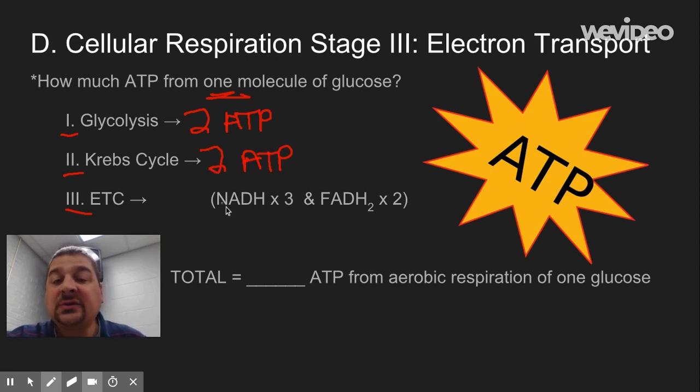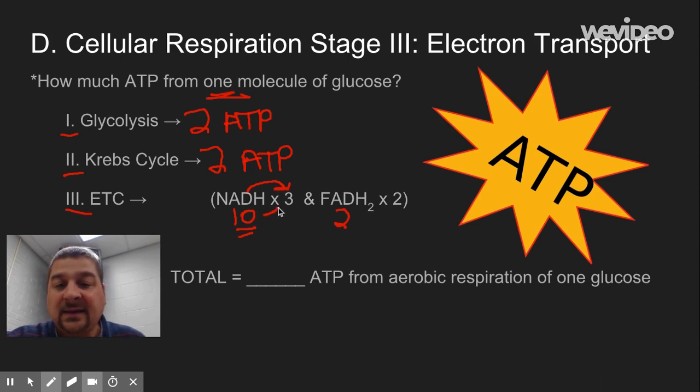Now the electron transport chain. Remember we had 10 NADH that entered the electron transport chain from the first 2 steps. And we also had 2 FADH2. Now you remember NADH entered the electron transport chain earlier, so each NADH can make 3 ATP.